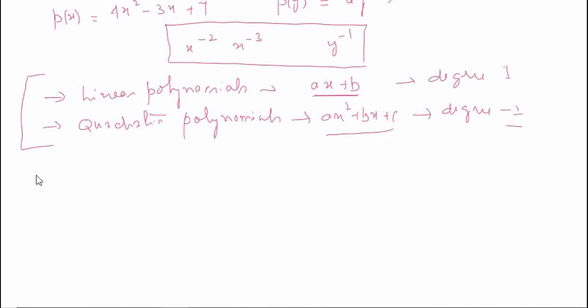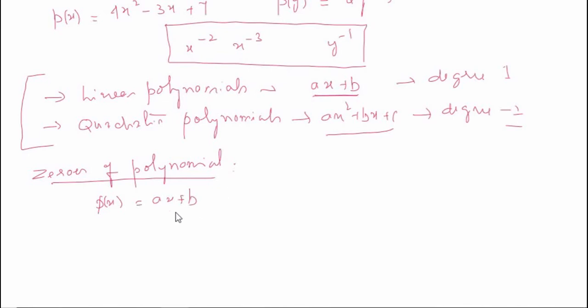Now let us discuss about the zeros of polynomial. So let us first take linear polynomial. p of x is equal to ax plus b.